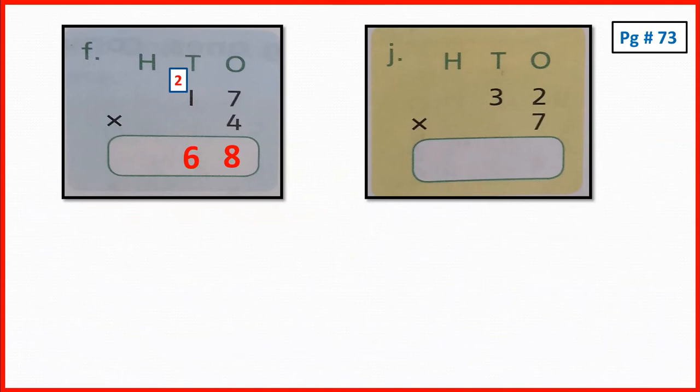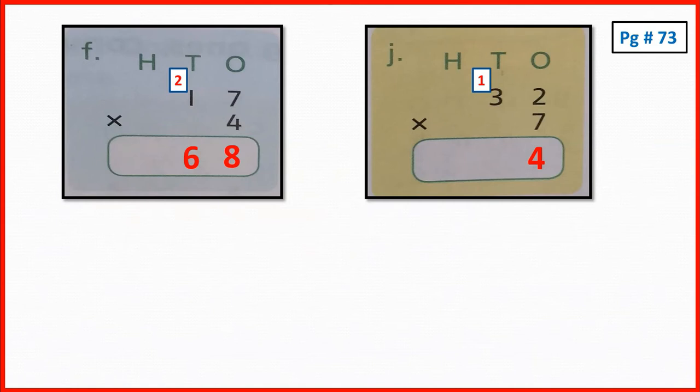Let's do another. 32 multiply by 7. 7 twos are 14. 14 means 1 ten, 4 ones. So write 4 in the ones column and convert 1 ten into the tens column above 3. Now multiply tens. 7 threes are 21.